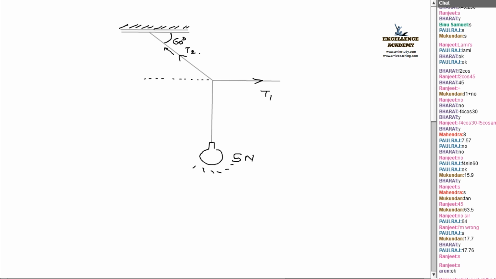Oh, the weight of the ball is 5 Newton. 5 Newton. See this one.